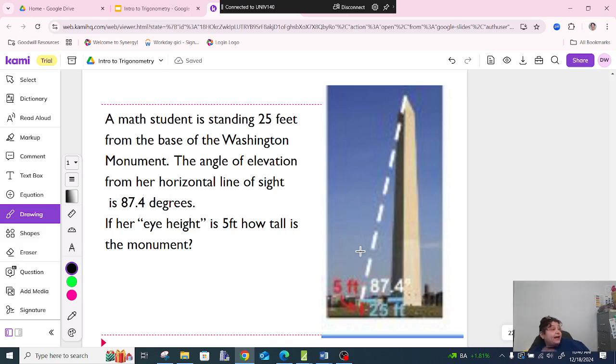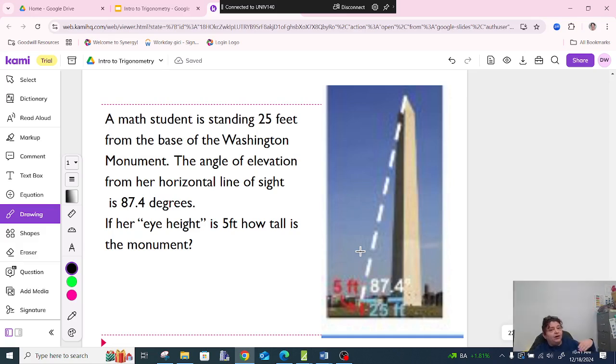But this is actually what we do. We find the angle of elevation by using a protractor and a weight, and then we use trigonometry to find the heights of flagpoles, buildings, and trees. In this case, this is the Washington Monument, and elevation means that somebody is looking up, right?